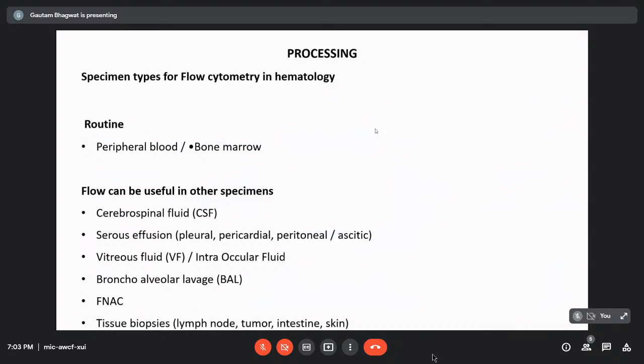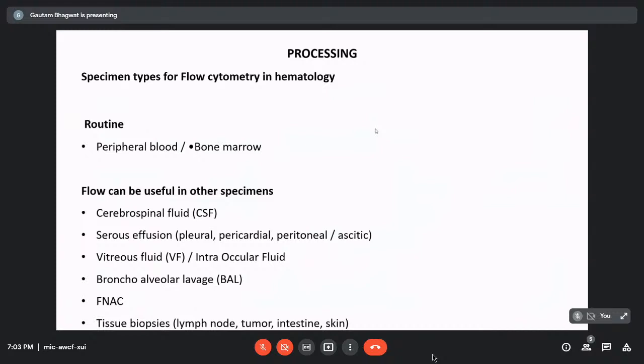For example, in CNS, the choice of specimen would be a CSF. The malignant cells can go to the pleural cavity, the pericardial or the peritoneal cavity. So we would get the pleural fluid or ascitic fluid for detection of these malignant cells.